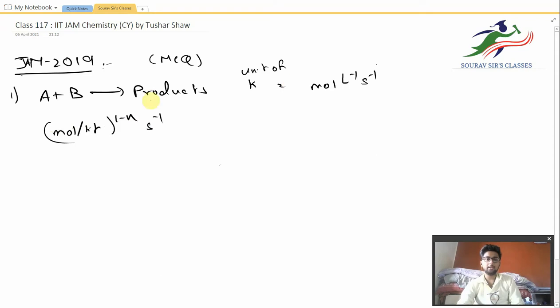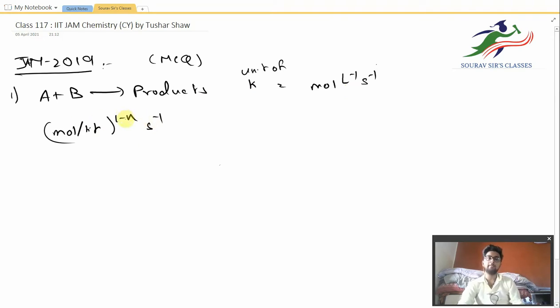If you look at the options, you can see 0, 1, 2, 3. 1 will obviously not be the answer, because if we put 1, that is 1 minus 1, to the power 0, and anything to the power 0 equals 1, so only second inverse would be left. So it is either 0 or 1. Let us put the value 0 over here.